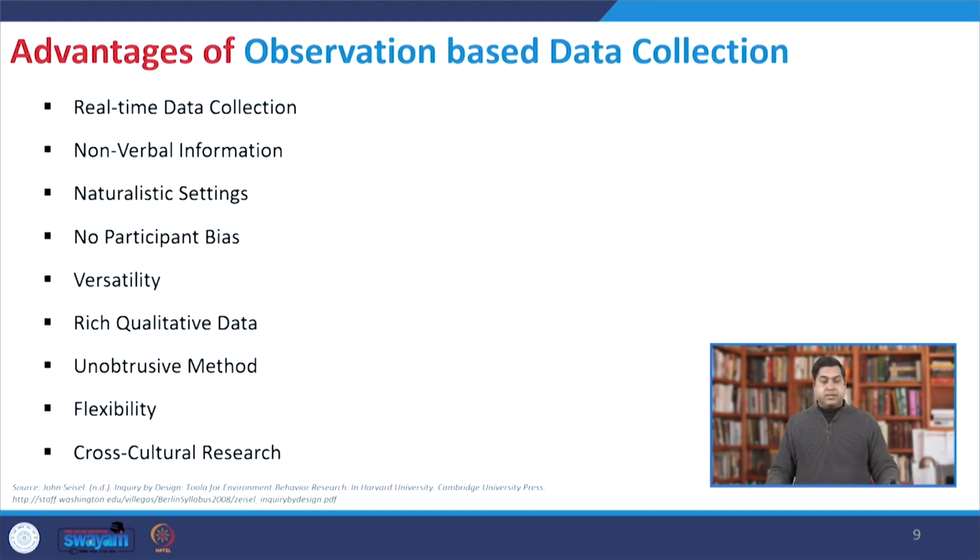Now, let us discuss the advantages of observation based data collection. Definitely in this case observation can be real time data collection. So if it is going to a particular street food corner, some open market area, a shopping mall, or a tourist destination, you try to observe it through different means of data collection.